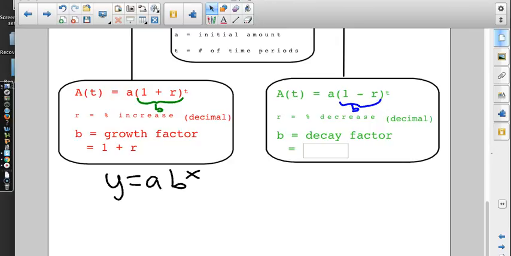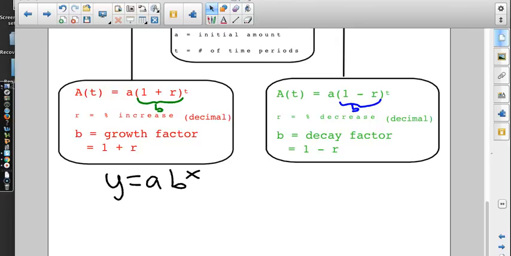Well, then I need to make sure that I put 1 minus 0.2 in this formula and calculate it for how many years I own my computer. B is called the decay factor, and that's going to be 1 minus R. That's our base. So definitely a decimal between 0 and 1, which makes the fraction between 0 and 1.